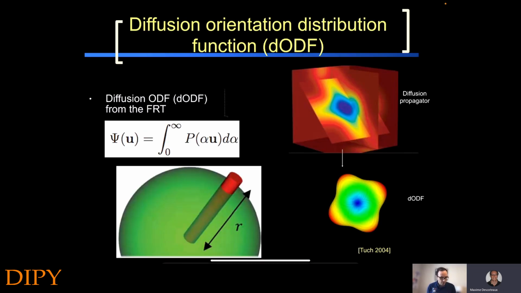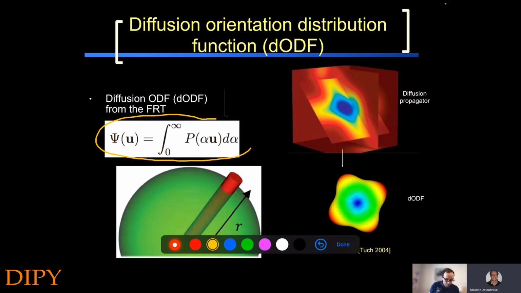But lastly, it was noticed, not by me, but by a few researchers, so Aganj, that the actual solution in David Tuch's paper and in my paper was lacking the lambda squared term, or in my initial notation here, r squared. But if you add the r term here, you're adding a multi-shell dependency of the signal. You need data beyond a single b value.